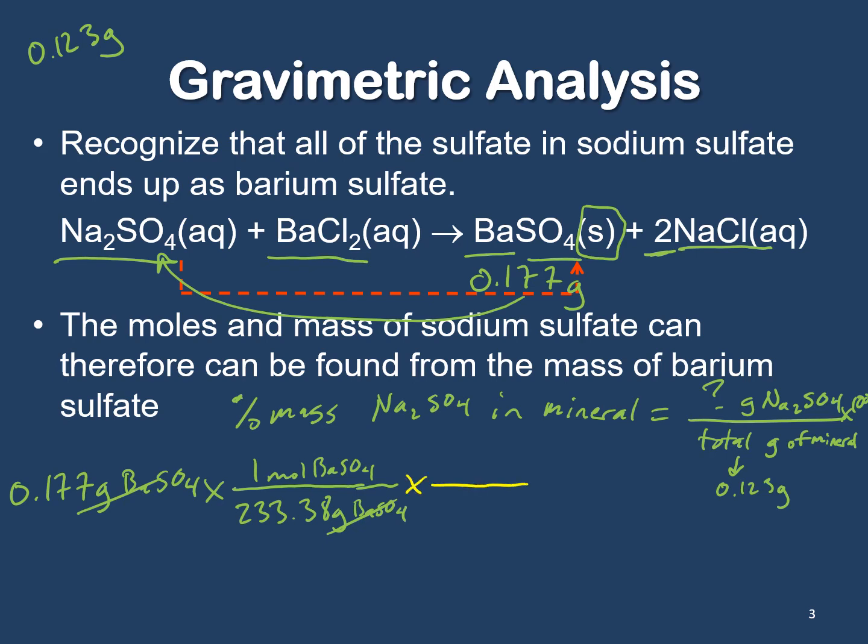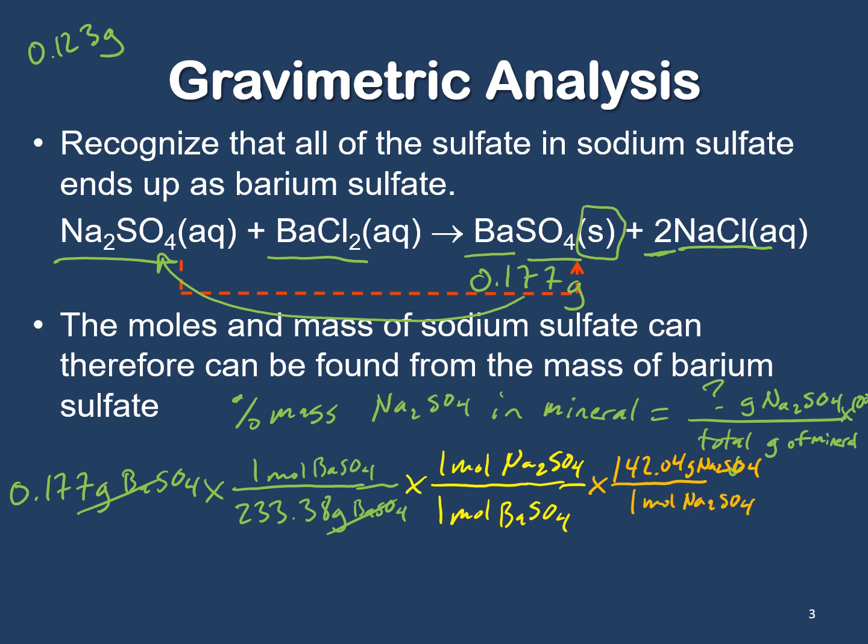Now we need to use a mole-to-mole ratio. We know that according to our balanced chemical equation that 1 mole of barium sulfate is formed from 1 mole of sodium sulfate. And then finally, the last step, we need to multiply by the molar mass of sodium sulfate, which if we calculate, we know is 142.04 grams of Na2SO4 per mole of Na2SO4, right?